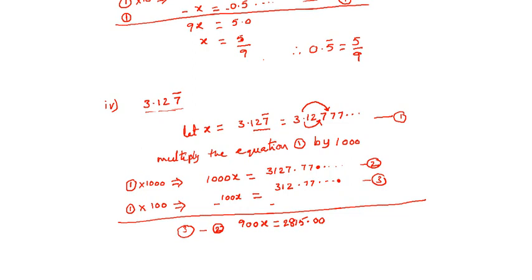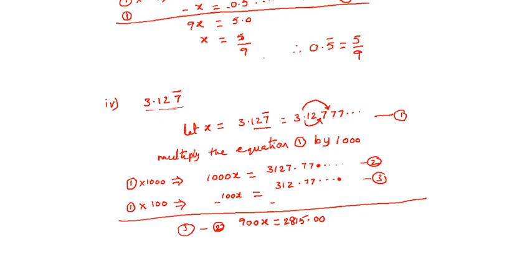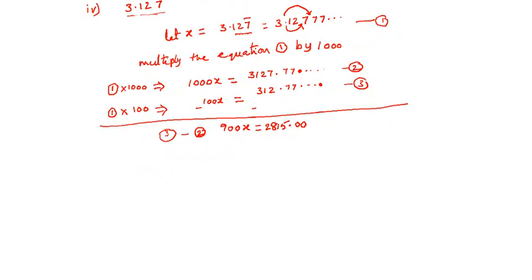Now what we get? 900x is equal to 2815. Okay. Now you find x is equal to 2815 divided by 900.